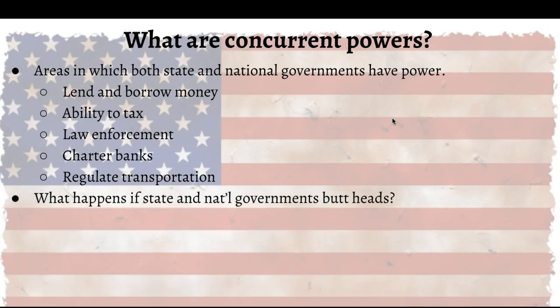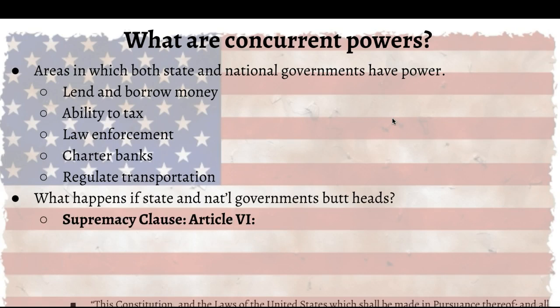And so what happens if a state and national government sort of butt heads? Which they inevitably do. If you know anything about American history, state and national governments are constantly butting heads. So what happens if this occurs? Article 6 of the Constitution is the Supremacy Clause, right?